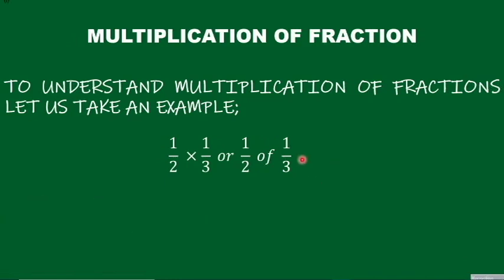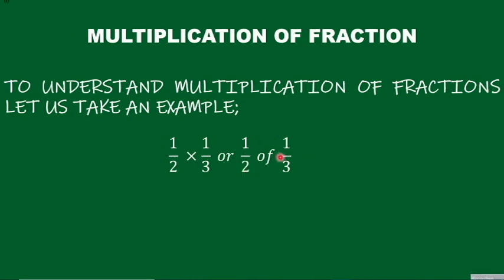Here I have written multiplication and here I have written "of". Basically the meaning of both is the same. 1 upon 2 multiplied by 1 upon 3, or 1 upon 2 of 1 upon 3, is also multiplication.